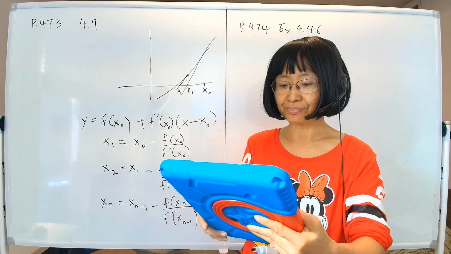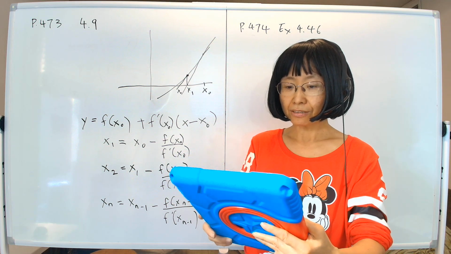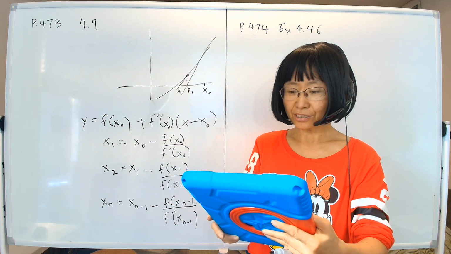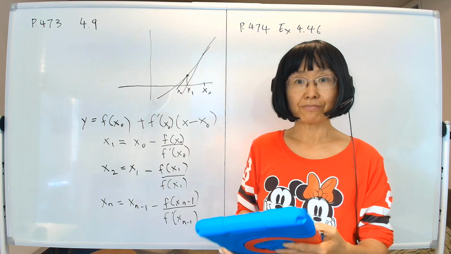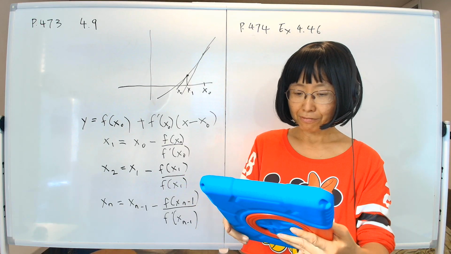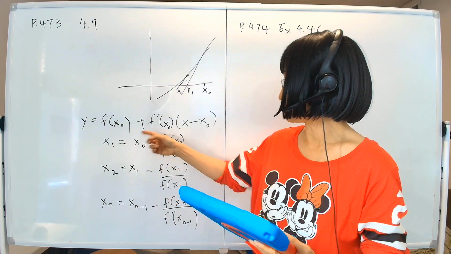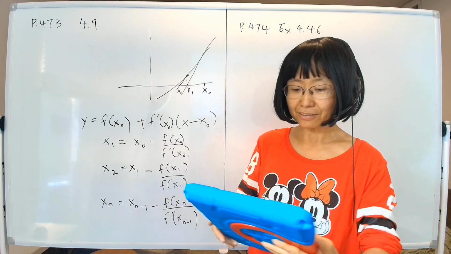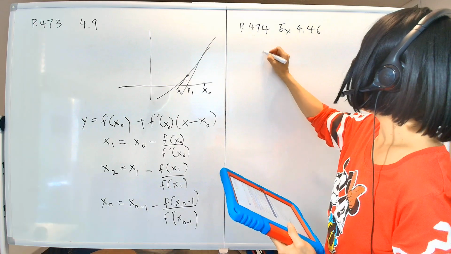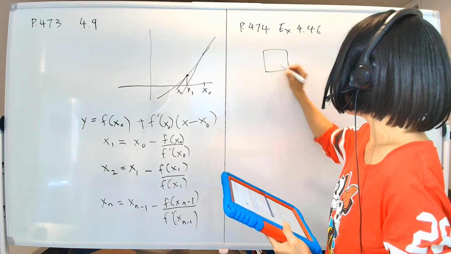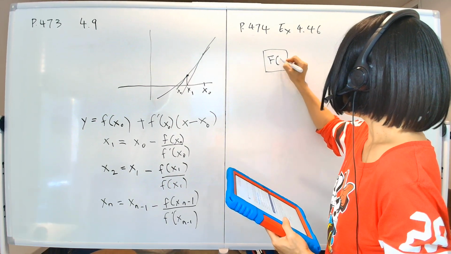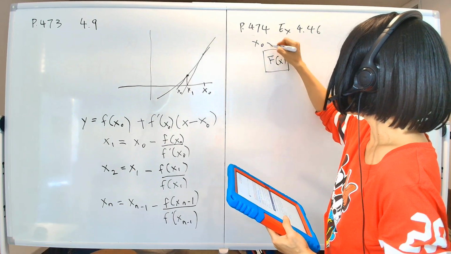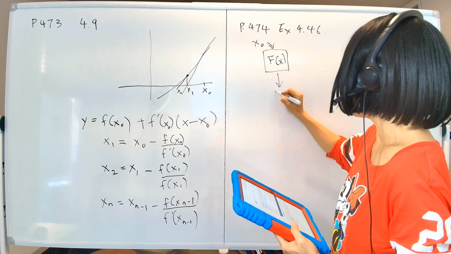Now, let's look at example 4.49. You have a very simple function, and they want you to keep cranking. In general, you have a function called f of x, right? You stick x0 in here, and out comes something.